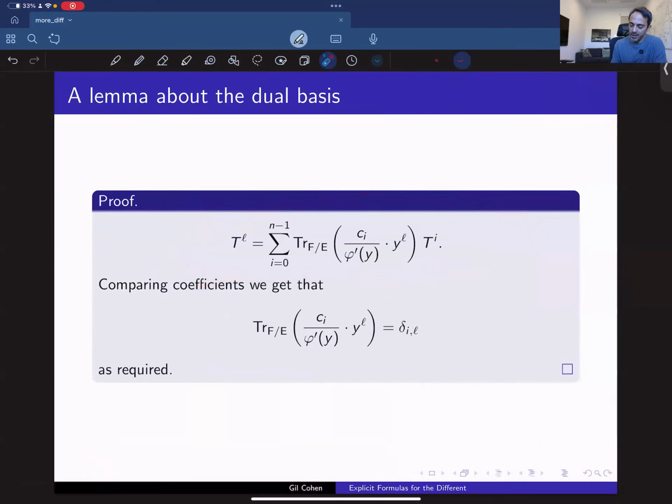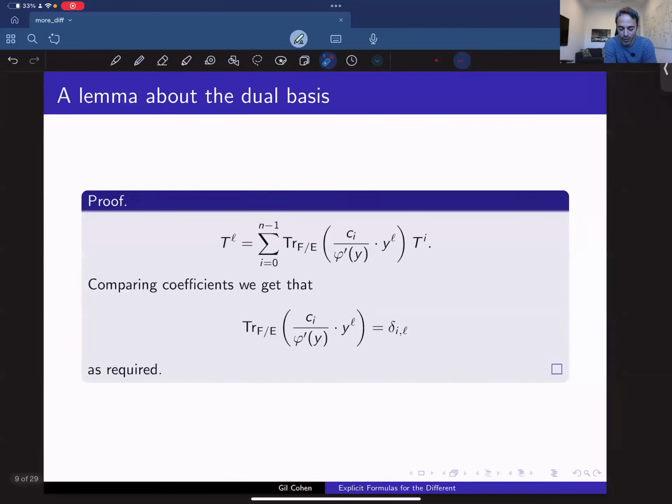So this is here. And then if you look at it for a second, you'll see you can compare coefficients. Here you have polynomials in t, here you have polynomials in t, a very simple polynomial. So you can see that here the only surviving coefficient is that of t to the L with coefficient 1. And so this means that this is 1 when I equals L and 0 otherwise, which is precisely what we wanted to show.